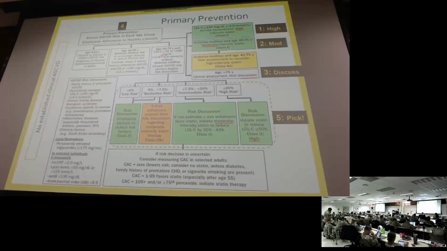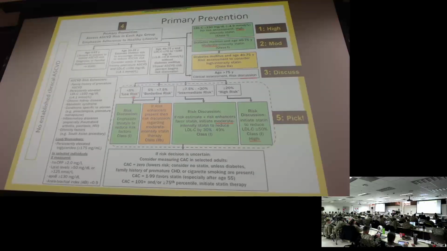If it is not less than 70, that's why you see that cutoff there. And then your range hits 190, because if I'm at 190, you need to get me back in range, and you're going to give me a high intensity statin anyway, okay? So that's why your range says 70 to 190. And then they don't have diabetes, because if I had diabetes, where am I going? Moderate, if that was all that was wrong in the perfect world, right? Most people are going to come to you with several things, okay?